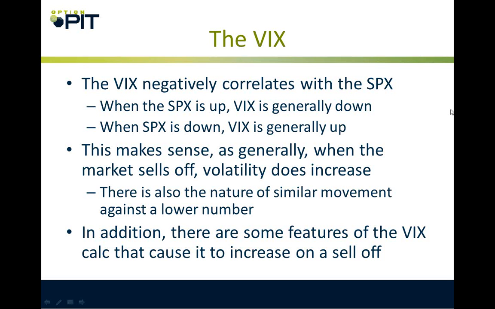Now, there's also the issue of similar movement against a lower number. Yesterday, let's say the market ended down 20, to make my math easier. When the S&P 500 was trading at 2,000, that represented a 1% move.